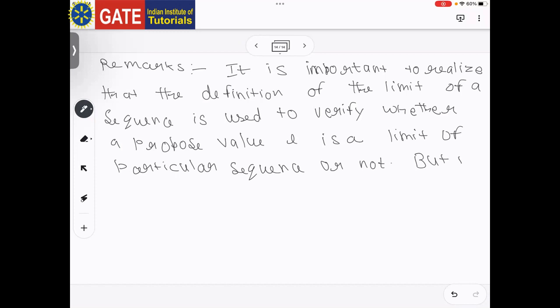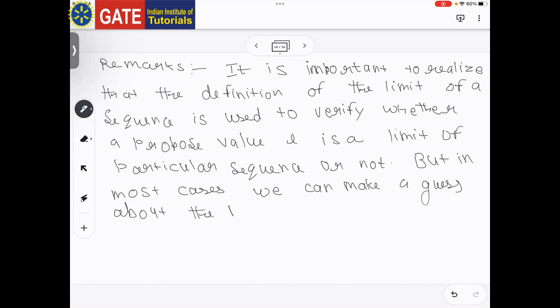But in most cases, we can make a guess about the limits by computing the first few terms of the sequence.